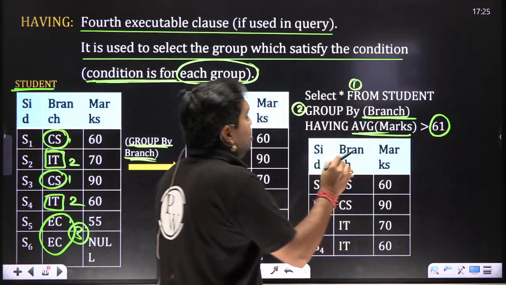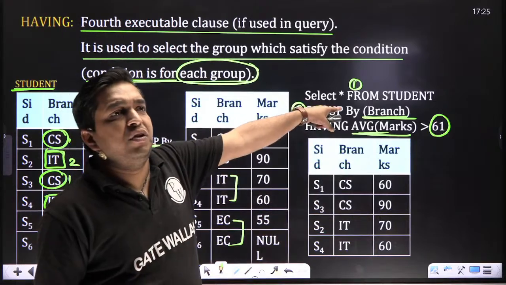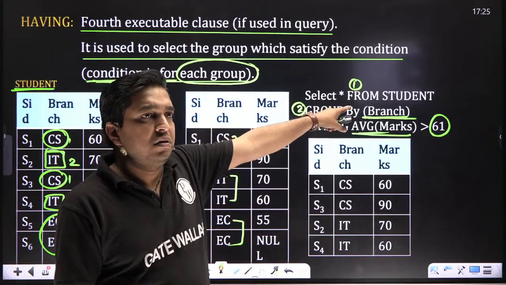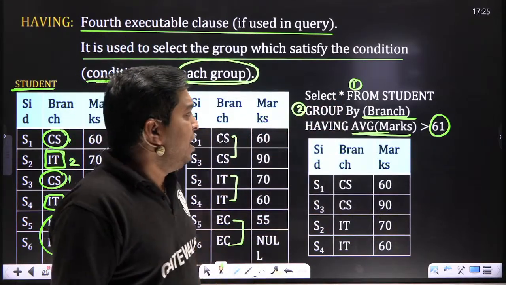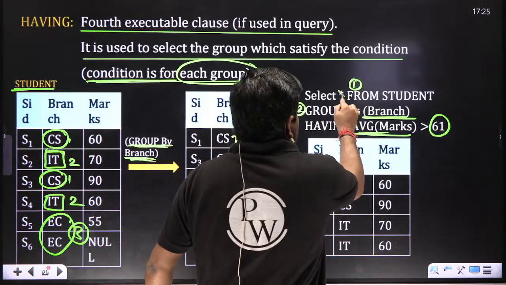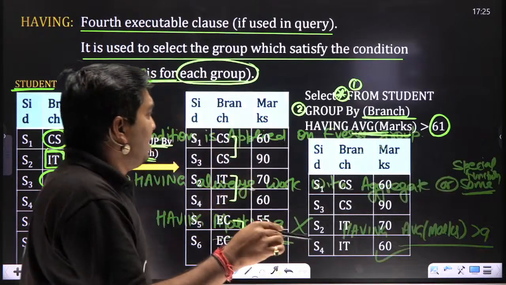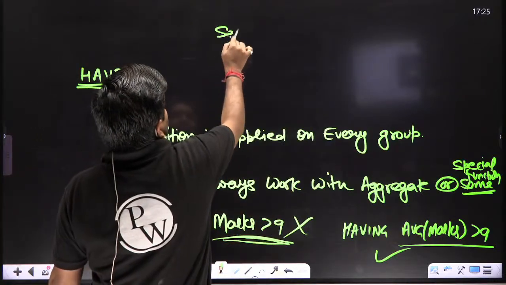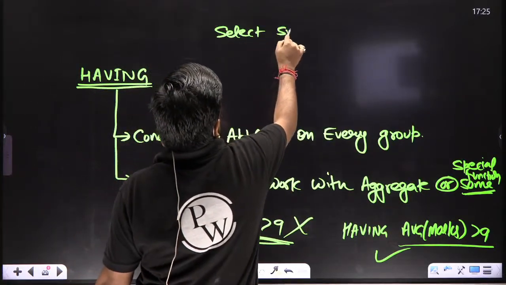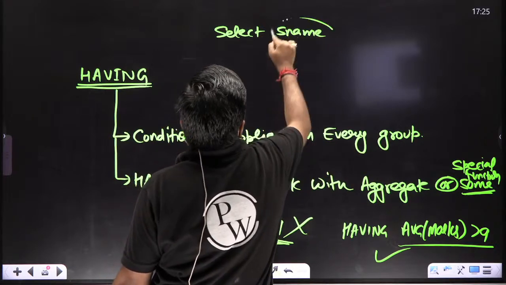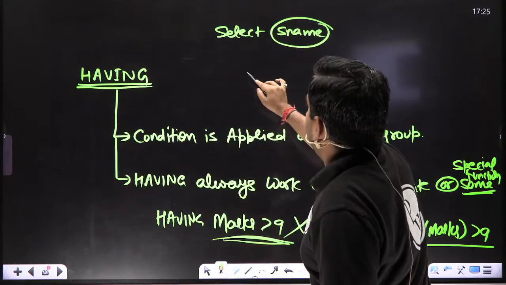So here the condition on marks is applied for every group. Here there is an asterisk, so you know the meaning of asterisk. Whenever you write SELECT S name, or some particular attribute, you get only S name from the student table.